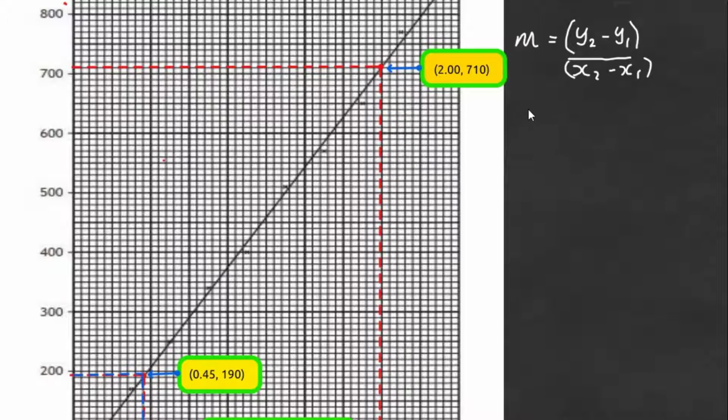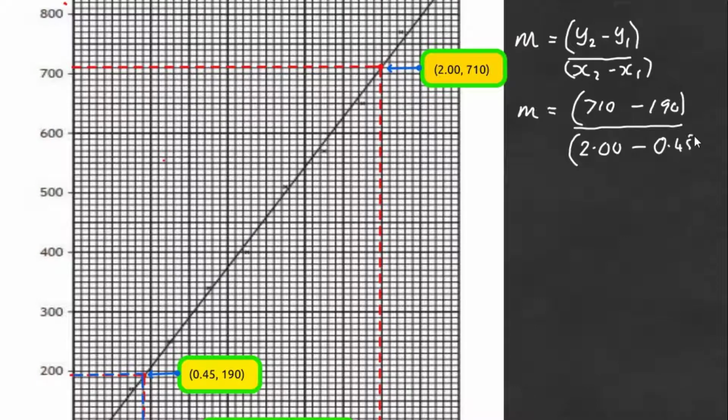So gradient m is equal to y2, which is 710, take away y1, which is 190. So we have our top value, and we divide that by the difference in the x coordinates. So x2 is 2, put a bracket around here, and we're taking away x1, which is 0.45.